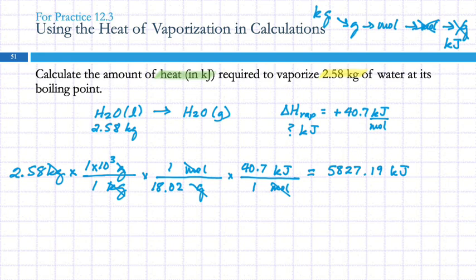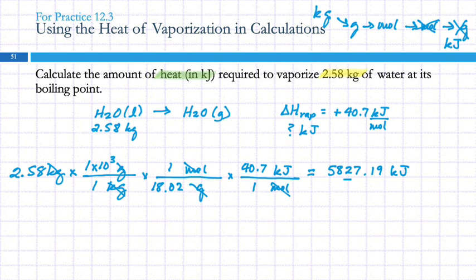If we look at the values that we've got, we're starting with a number that has 3 significant figures, and the heat of vaporization also has 3, so this should be rounded to 3 significant figures. We're rounding in the tens place. Be careful, because we can't round 5,827 to 583.